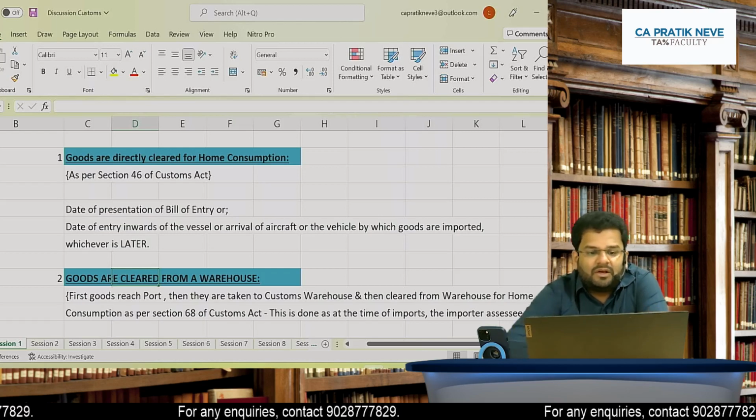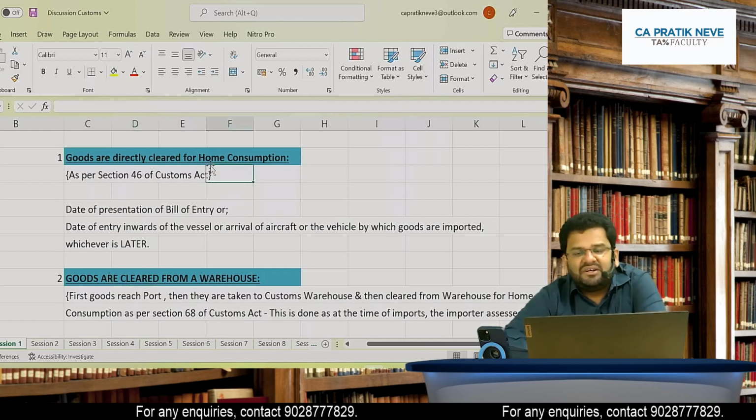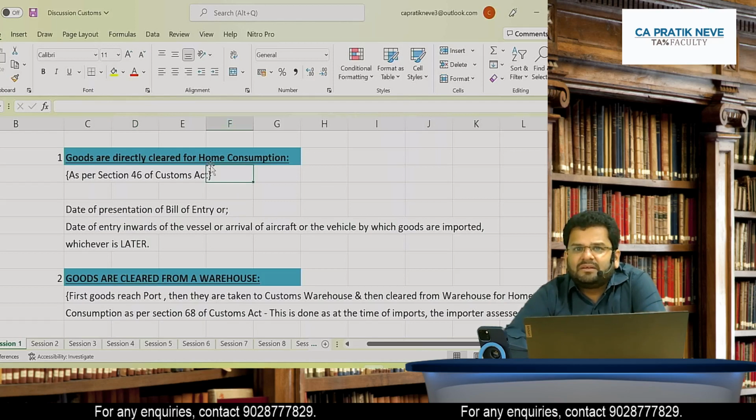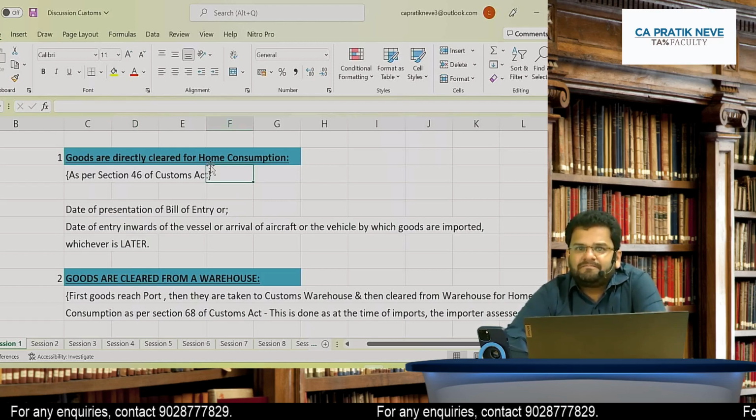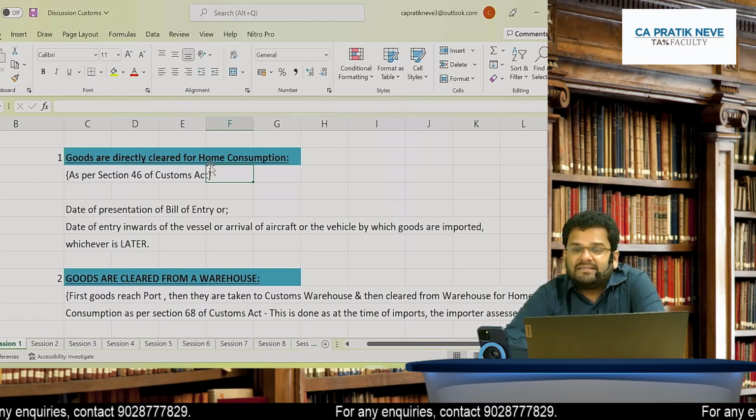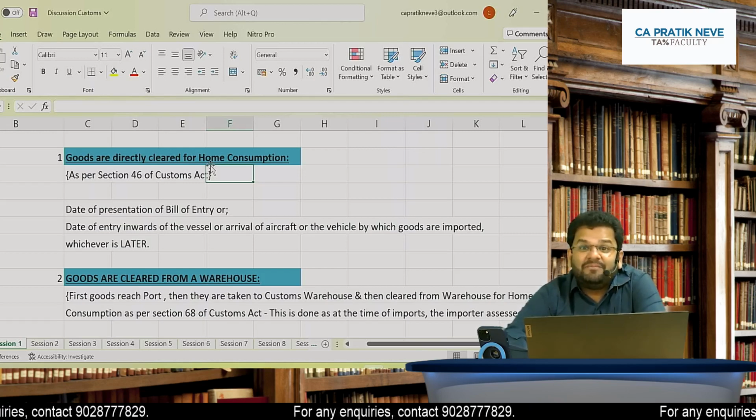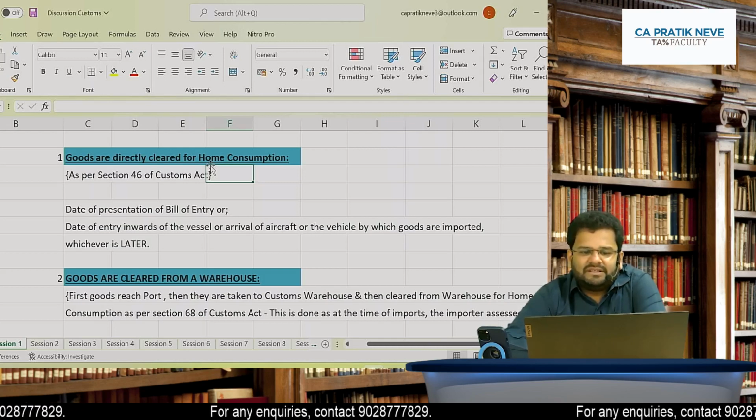So when we are talking about goods directly cleared for home consumption, say the factory is in Bangalore and the goods are reaching India via Chennai's port. Agreed?